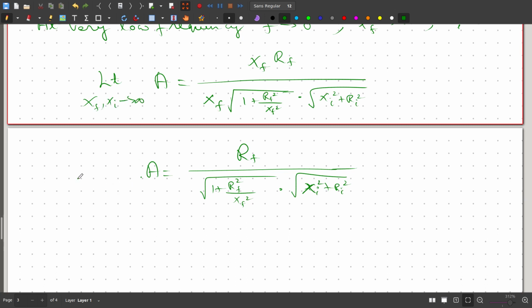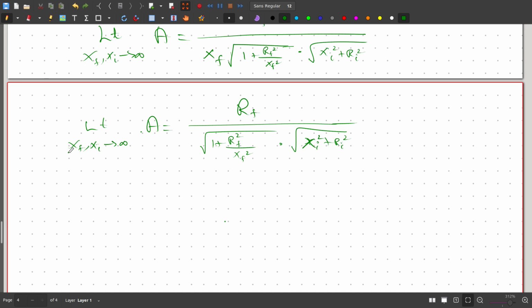Here also the limit is XF, Xi tends to infinity. We have not yet substituted the limit, but we just reduced the form. Now if we substitute the limit, we have RF divided by, this part is 0.